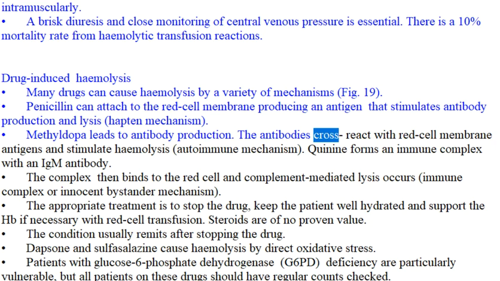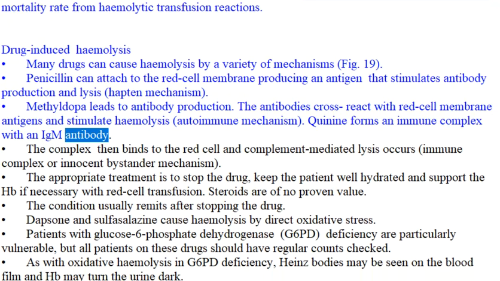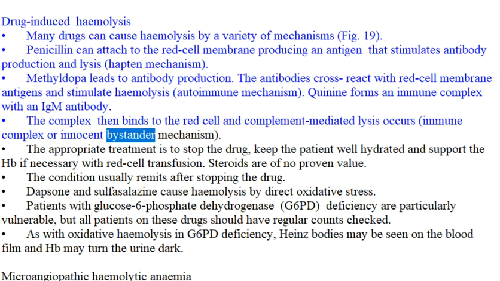The antibodies cross-react with red cell membrane antigens and stimulate hemolysis, autoimmune mechanism. Quinine forms an immune complex with an IgM antibody. The complex then binds to the red cell and complement-mediated lysis occurs, immune complex or innocent bystander mechanism.